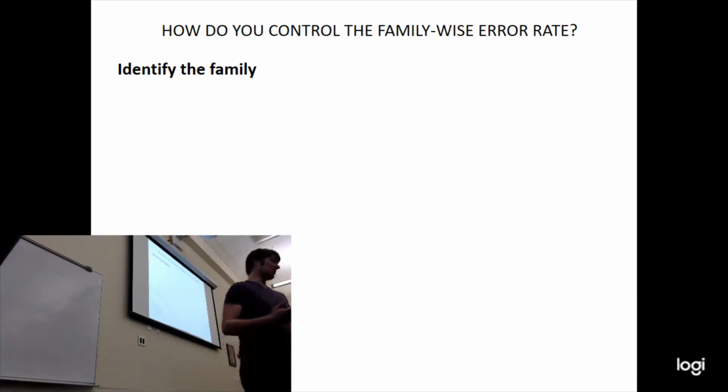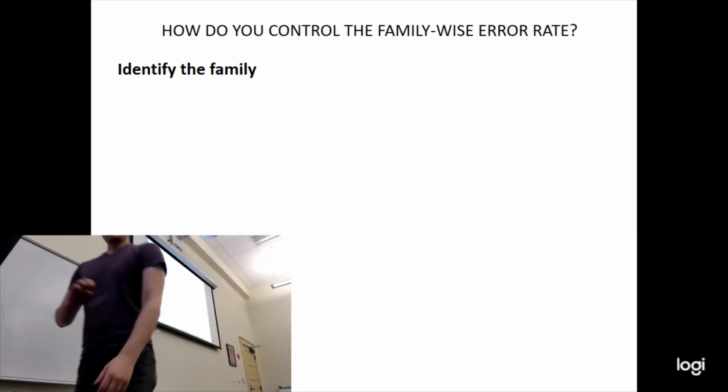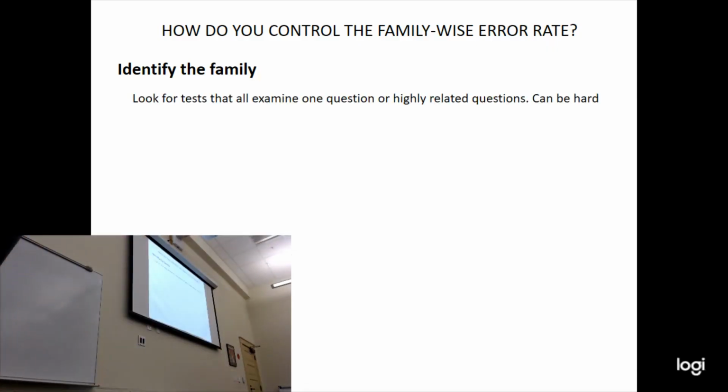So I'd say there's basically a two-step process. And in the latter step, there are a lot of ways to do it. But almost always the first step is to identify what that family of tests is that bears on your hypothesis, that you can use to support your hypothesis. And this can be pretty hard, actually.